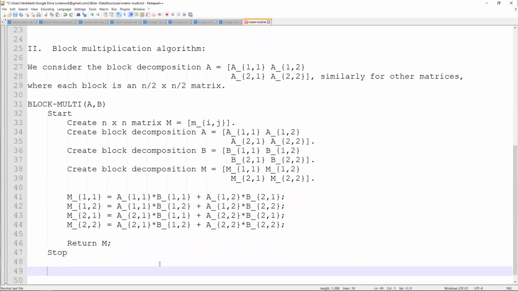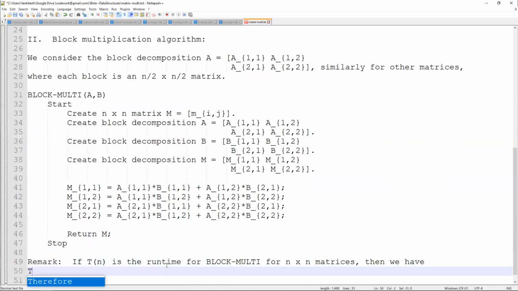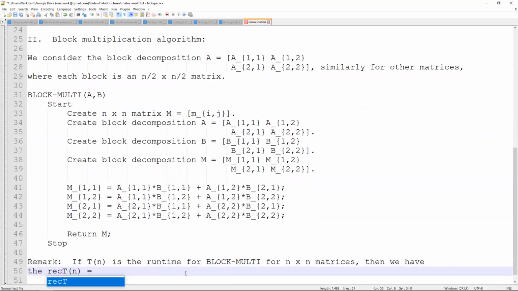All right. And what did we see here about runtime? So about runtime, we saw that if Tn is the runtime for, let's say, block multi for n cross n, then we have the recurrence as we saw in the lecture.